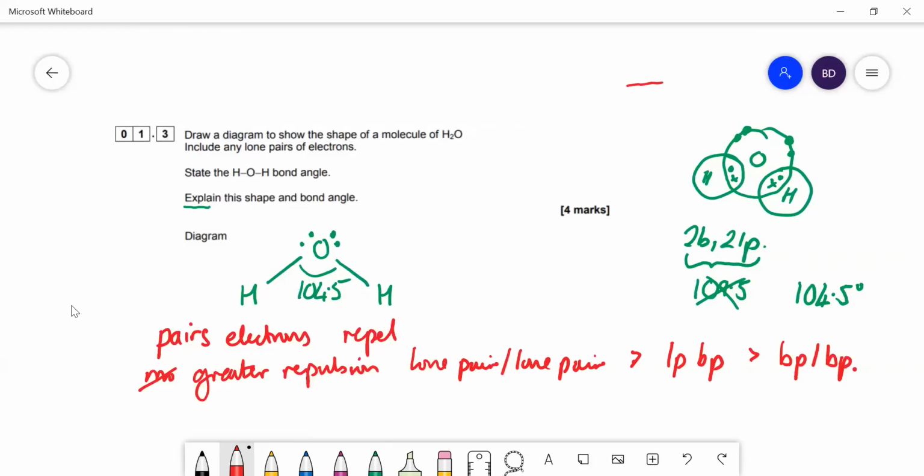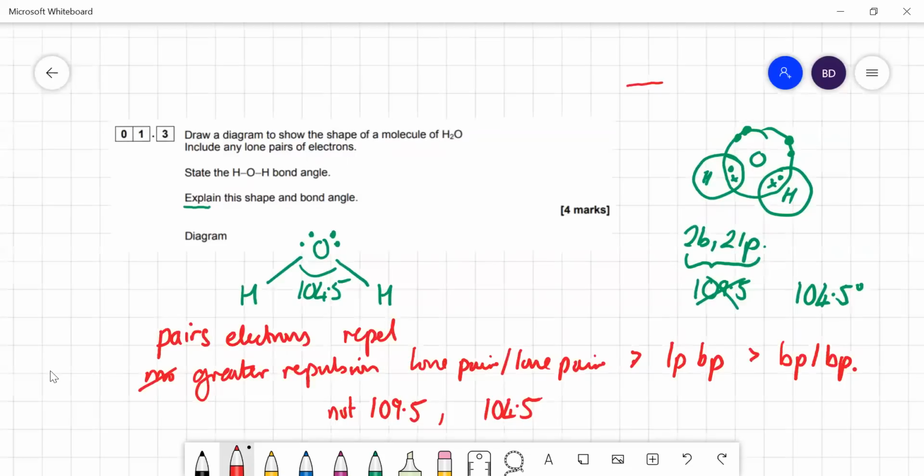And so that is why the bond angle is not 109.5, as you would expect for tetrahedral. It's reduced to 104.5. 4 marks there, probably 2 for the diagram, 2 for the explanation, I would have thought.